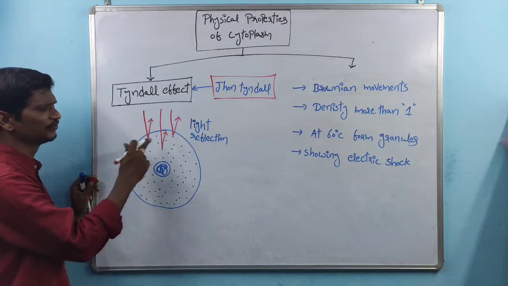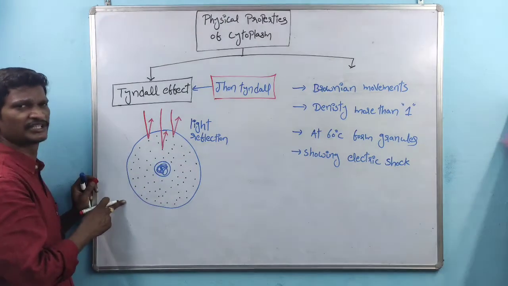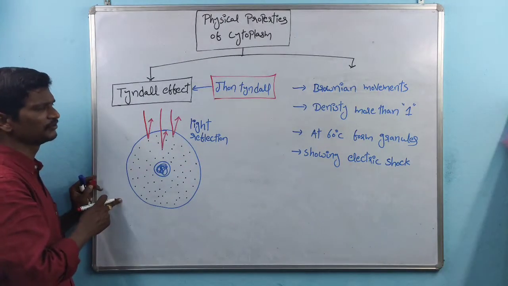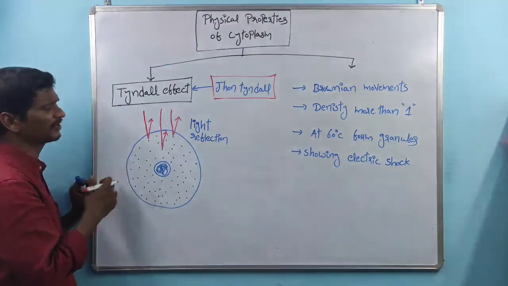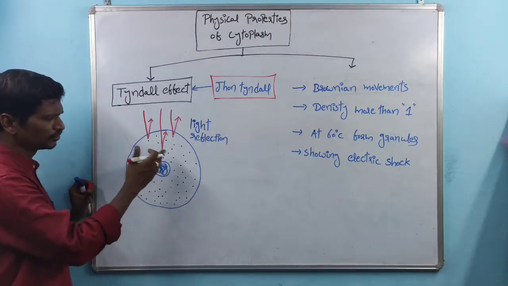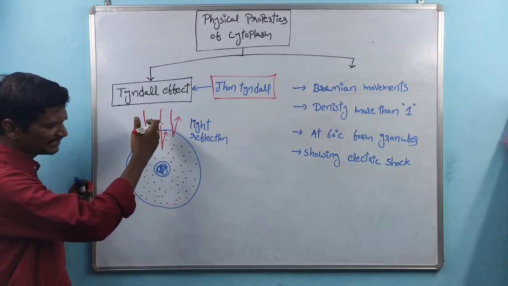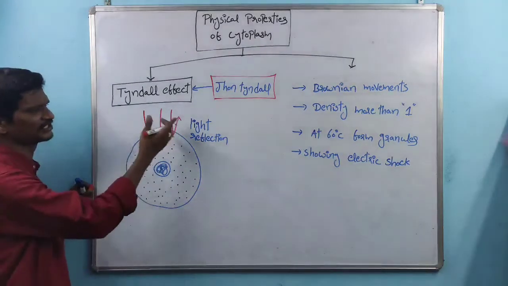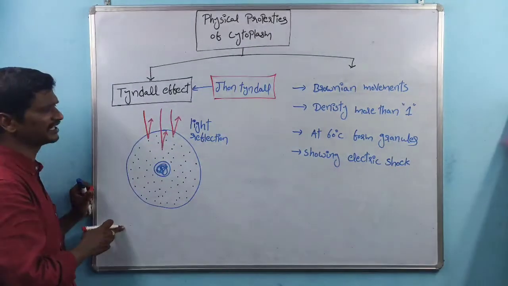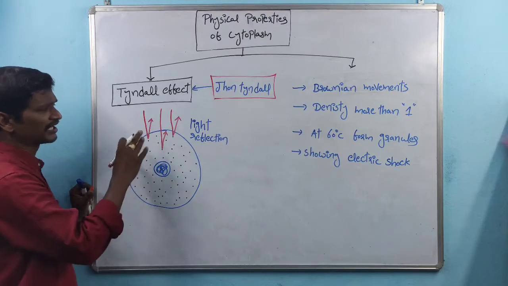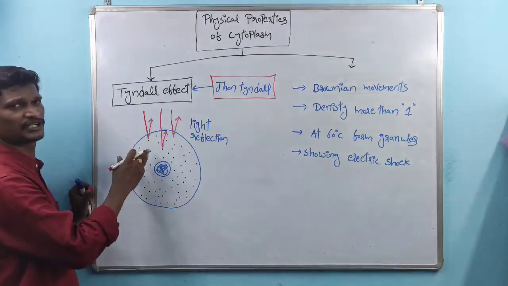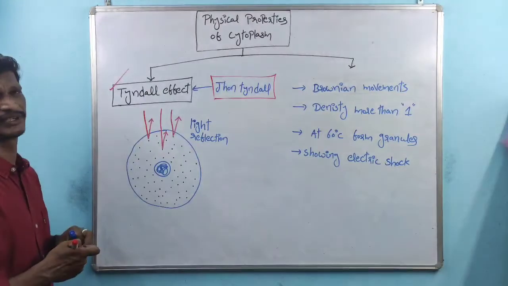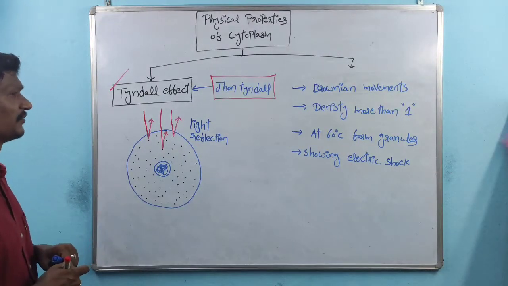The reason is that within the cytoplasm there are granule-like substances, which support the reflection of light. Through the remaining contents, light passes easily, but a major portion of the light is reflected here. So the reflection of plane polarized light is called the Tyndall effect, right?